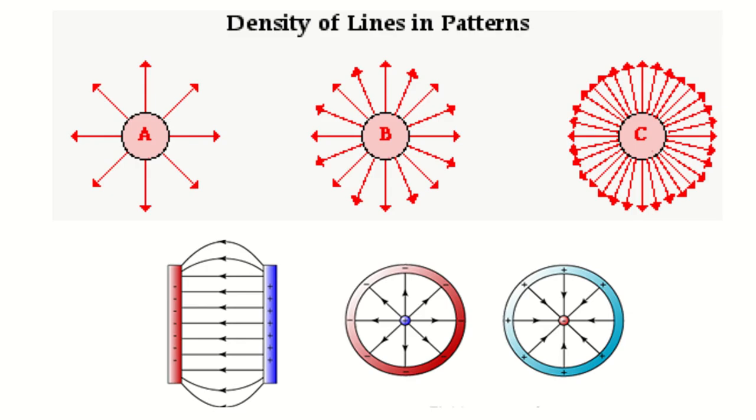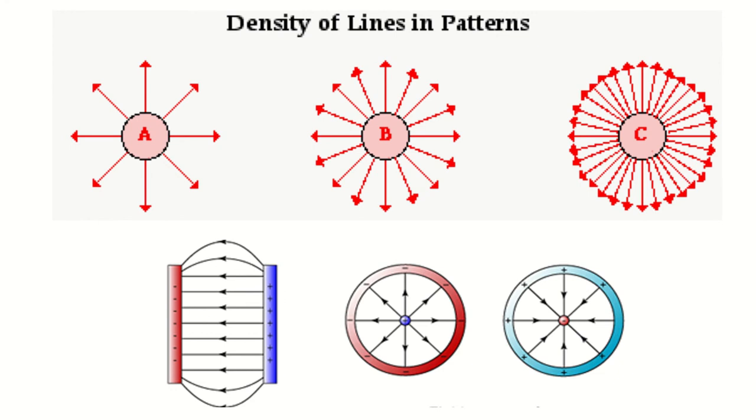For example, in these kinds of situations, we can easily say that at the same distance from A, B and C, the strength of the electric field is different. For example, 1 centimeter away from A, B and C, the density of the electric field lines is different.